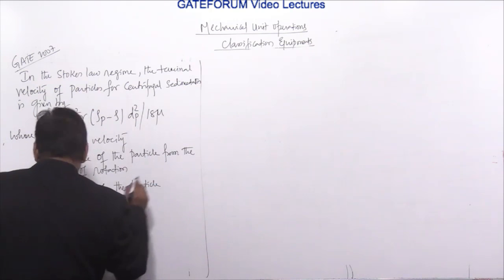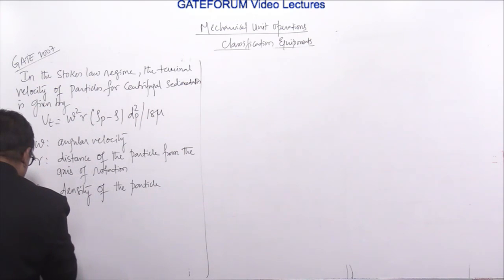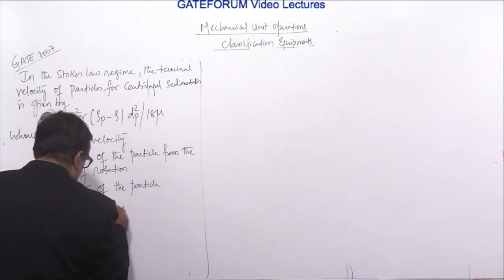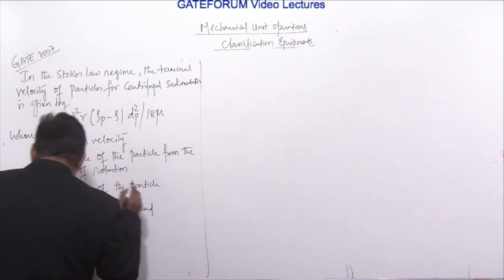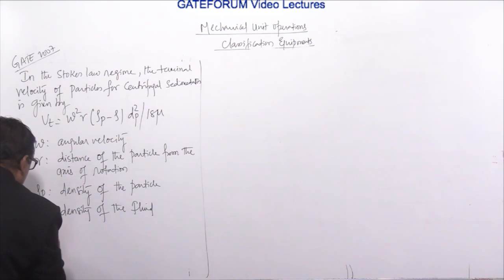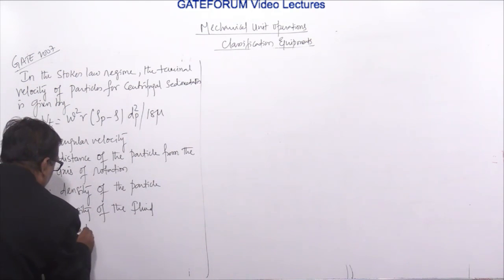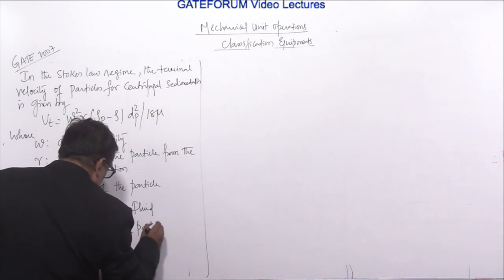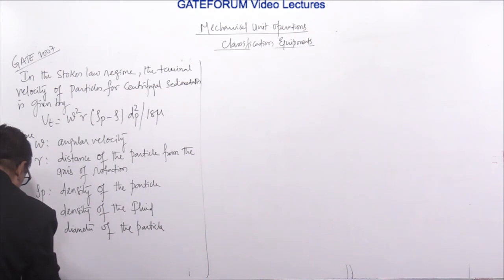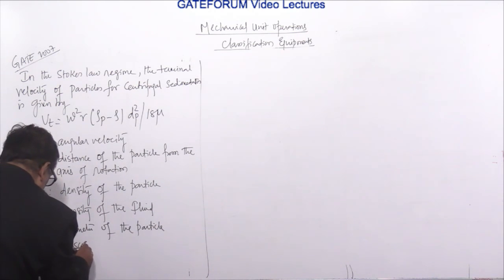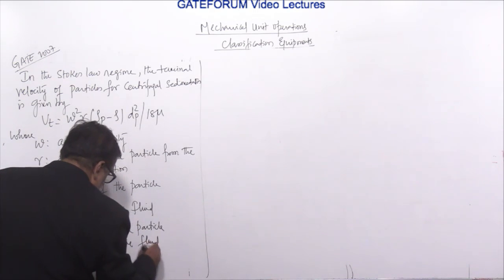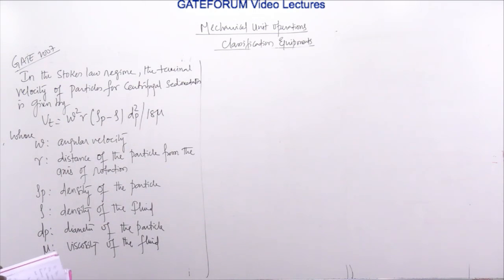Rho is the density of the fluid, and dP is the diameter of the particle, and mu is the viscosity of the fluid. See, all the things here are explained to us.